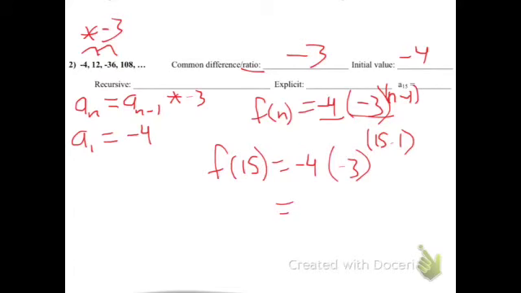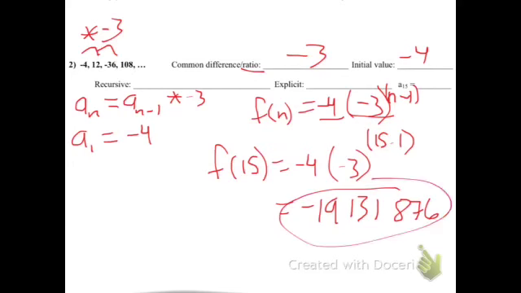You get a really large number. And that makes sense because the exponent is really, really large. It's 14. But you get a number that looks like this: negative 19,131,876. So that's our 15th term. And that happens a lot with the geometric ones. They grow really, really quickly.